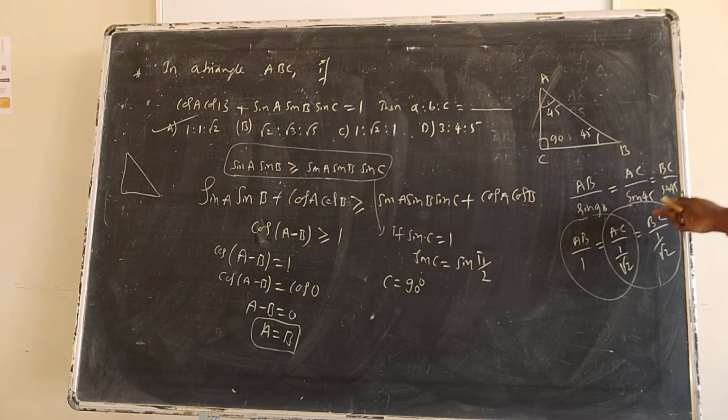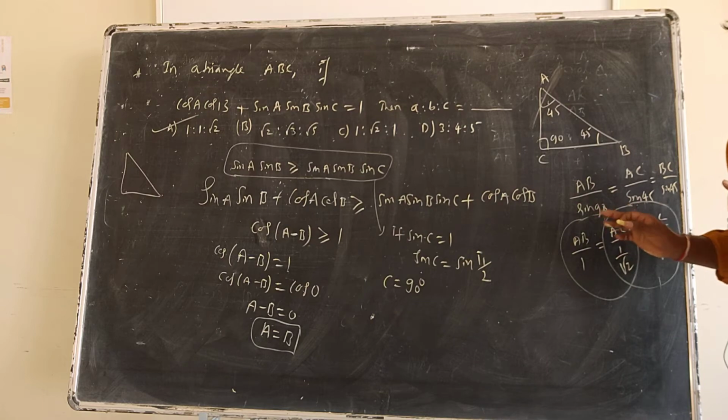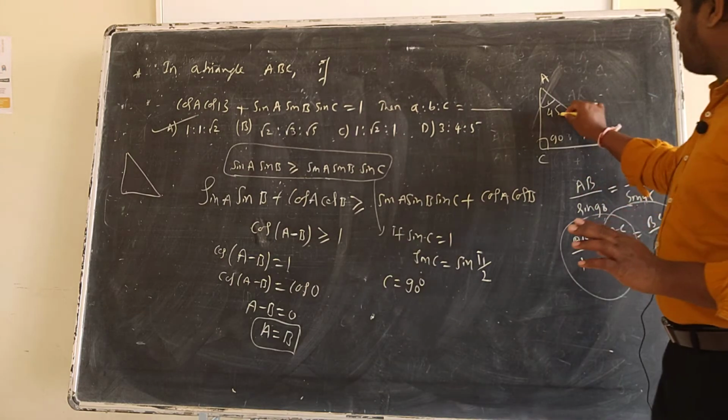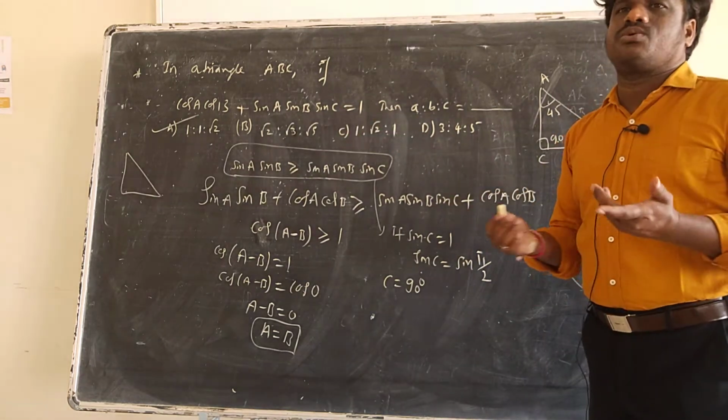Another combination: AB AC, AC BC, BC AB. So this ratio you will get root 2, and this ratio 1. Are you getting it or not? Do you know how to find the ratio? Simple thing, when it is 45, 45, 90, that is 1 is to 1 is to root 2.